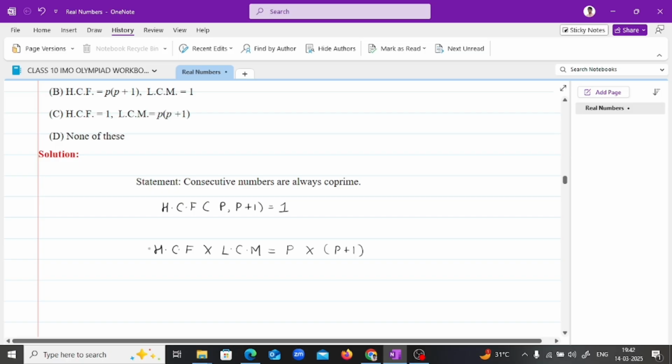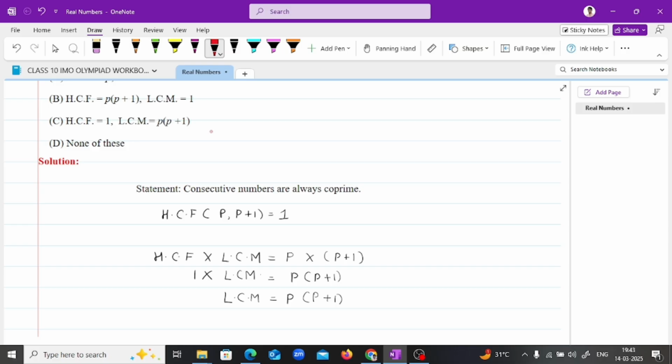We already have the HCF as 1, so 1 into LCM is equal to P into P plus 1, and 1 into any number is that number itself, so the LCM of P and P plus 1 is equal to P into P plus 1.